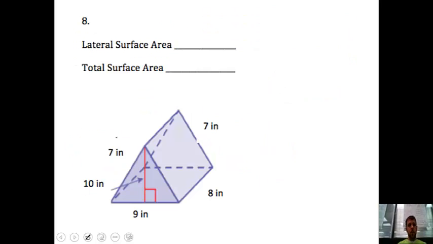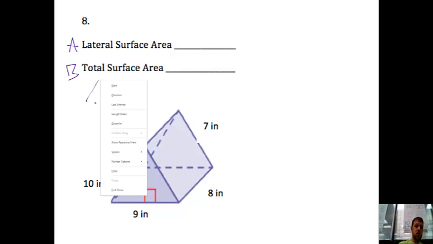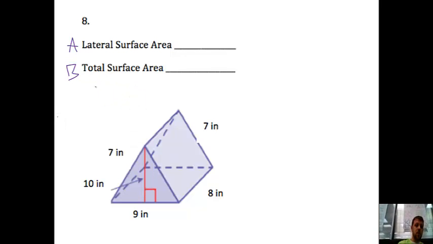Alright, 8. This one's going to be split up into two parts, 8A and 8B. I want you to solve B first. I want you to find the total surface area. What you should have done is said, okay, well there are 5 faces.